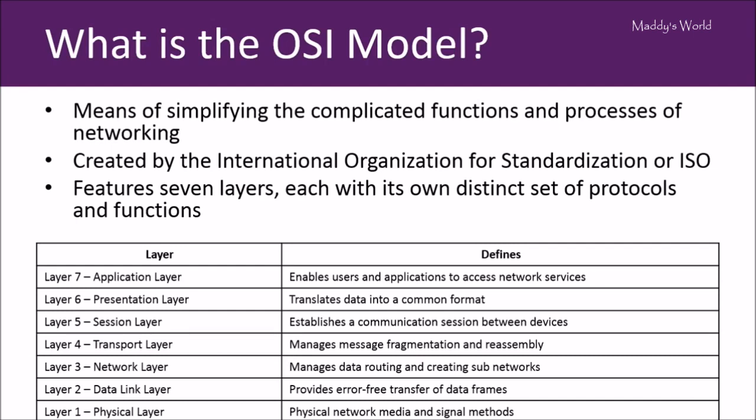The OSI model is just a means of simplifying the complicated processes that occur during networking. So we talked about how data was transferred in a previous module, and this model allows us to follow along with that process and understand which protocols belong at which layer and figure out what's going on, right?